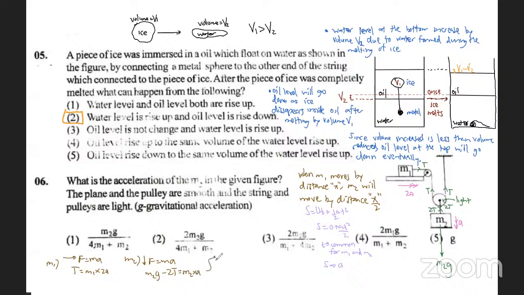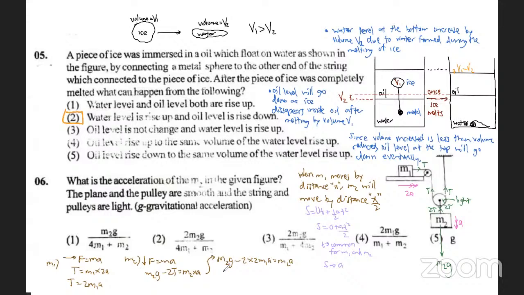So if I continue, M2G minus 2T. Instead of 2T I have to substitute this one. Now see, T is equal to 2M1A. 2T means 2 into 2M1A, equal to M2A.